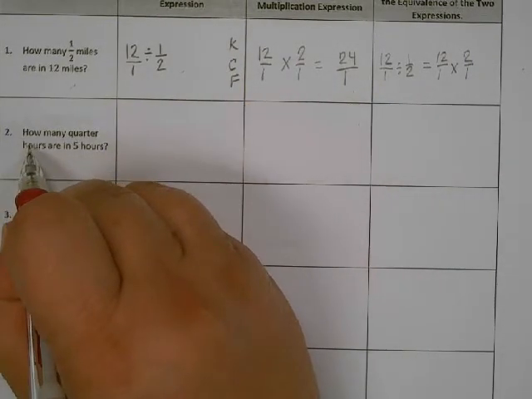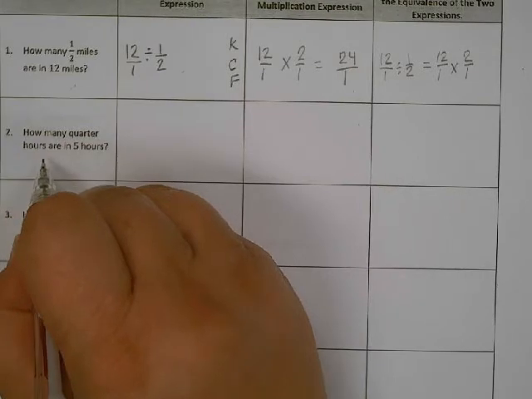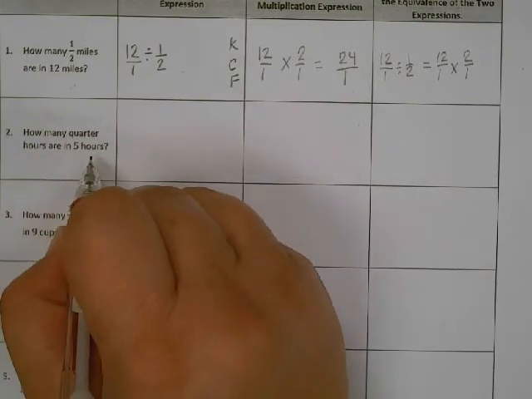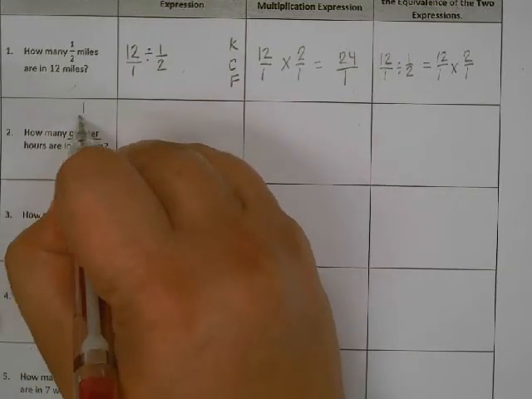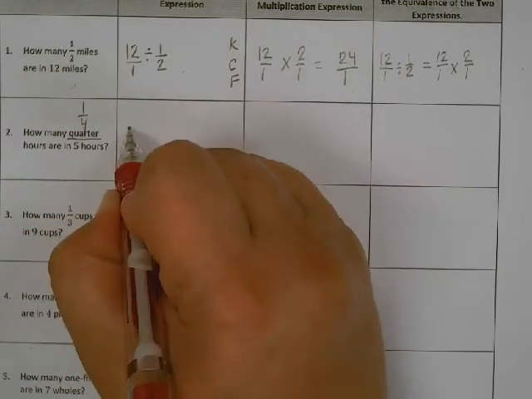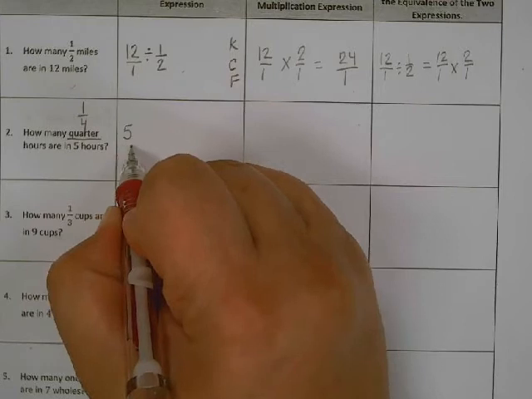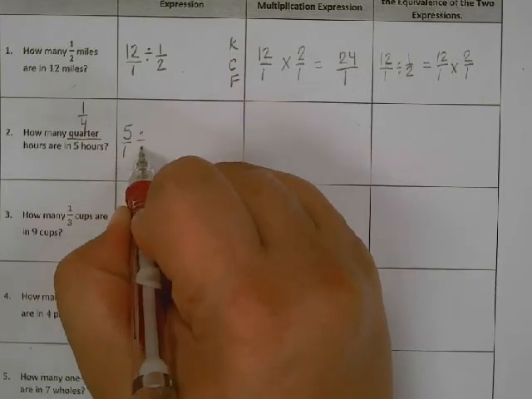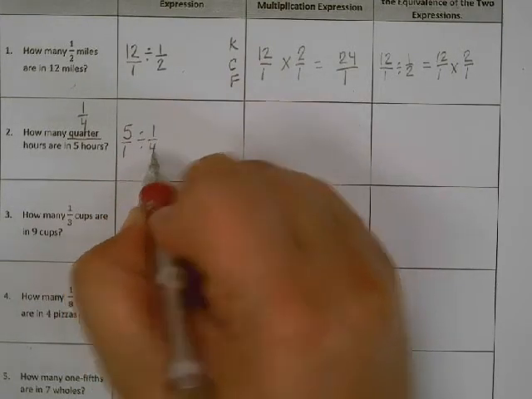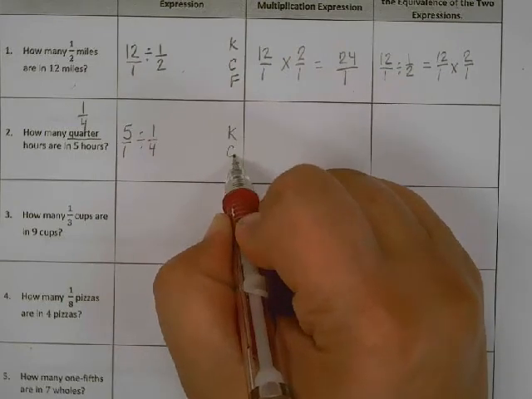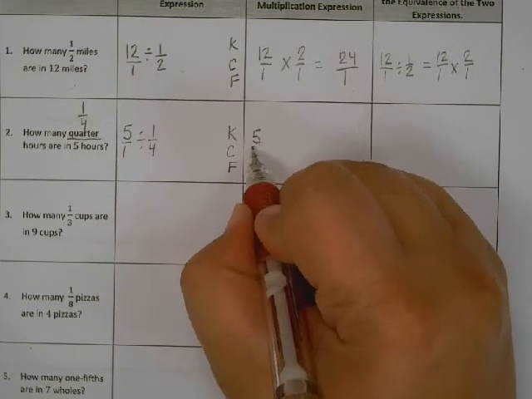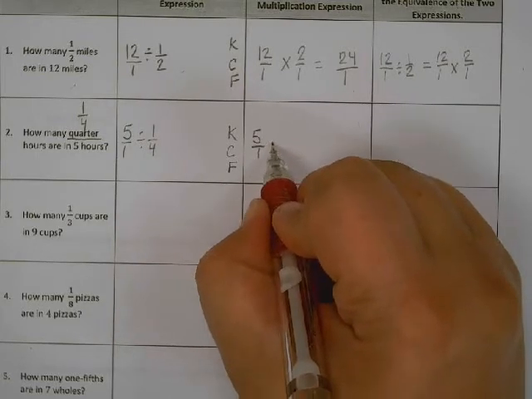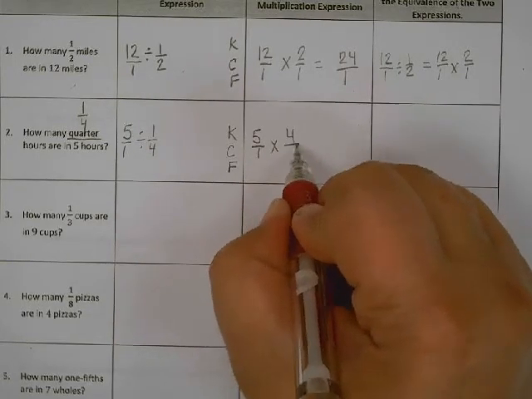So number 2 says, how many quarter hours are in 5 hours? And I know that a quarter means 1/4. So my whole number is 5. I can put that over 1 divided by 1/4. I'm going to do my keep, change, flip. So it becomes 5 over 1 times 4 over 1.